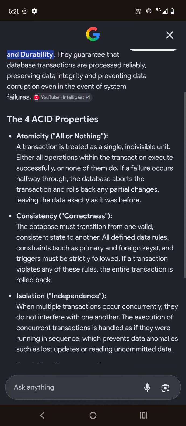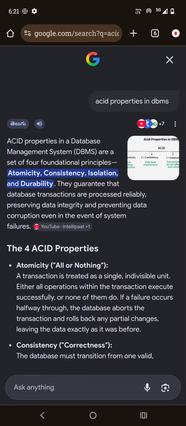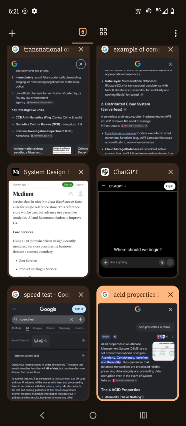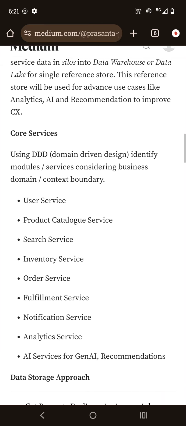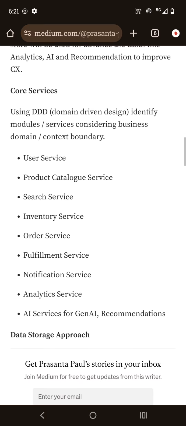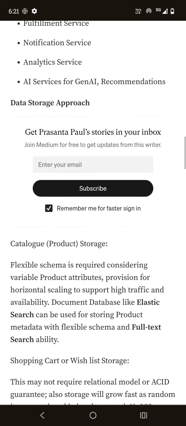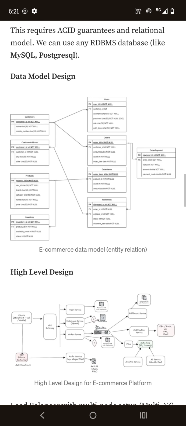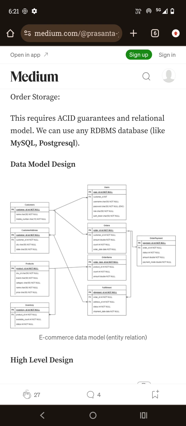That is called durability. So ACID properties are very important when you are designing a system. That is why, if your application relies more on ACID properties, you need to go for a relational database. Getting my point?